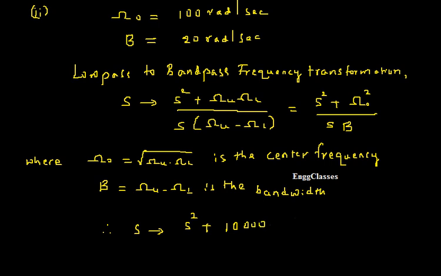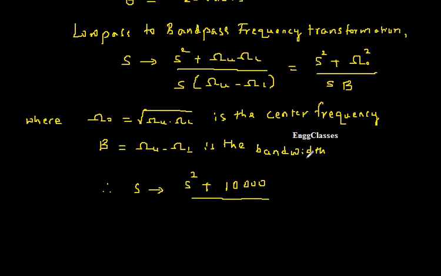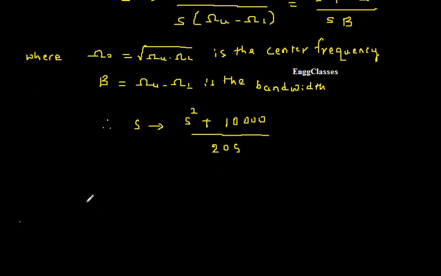So we are going to get 10,000, that gets divided by S into B, and B we got bandwidth is being given as 20 radians per second, so it is 20 S. So ultimately every S need to be replaced with S square plus 10,000 divided by 20 S, so that we are going to get a bandpass filter.